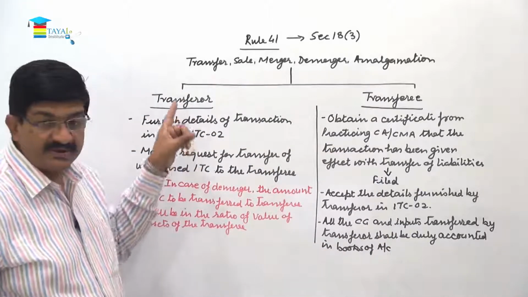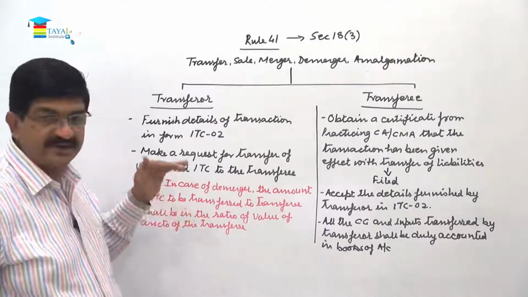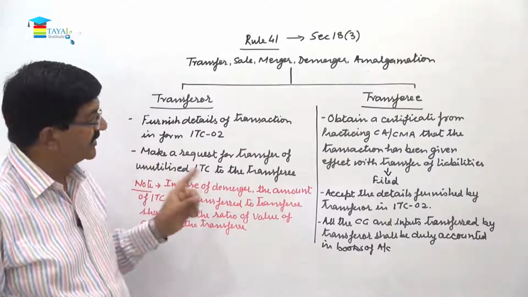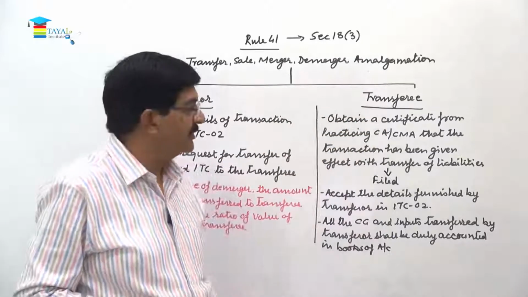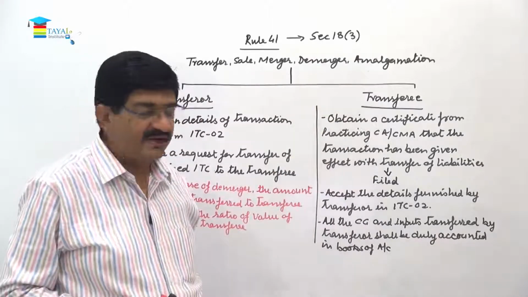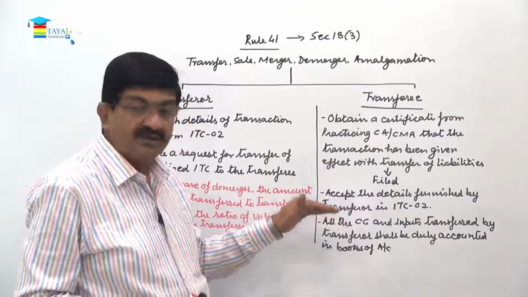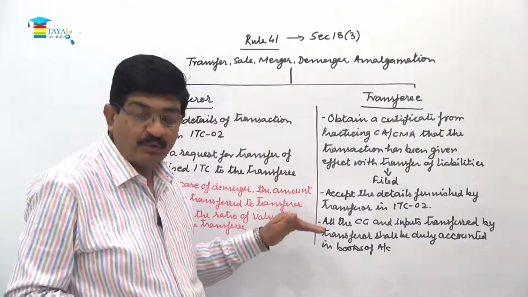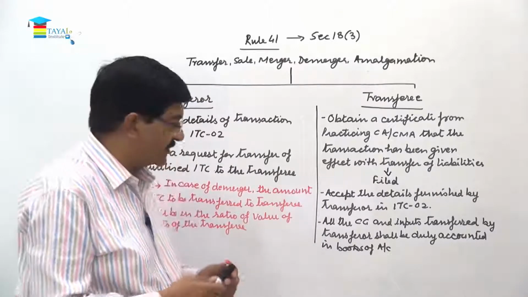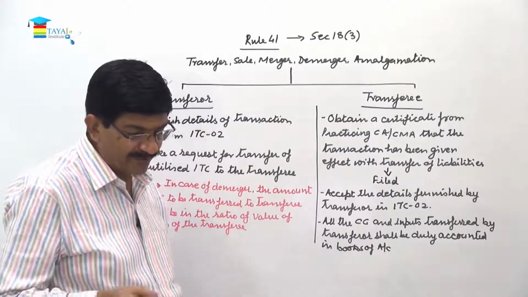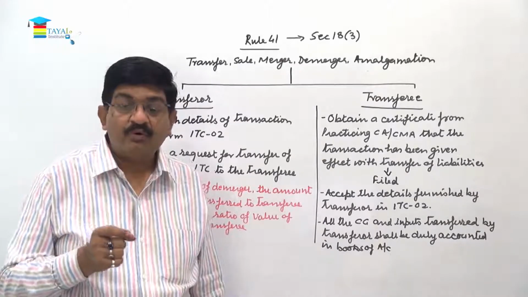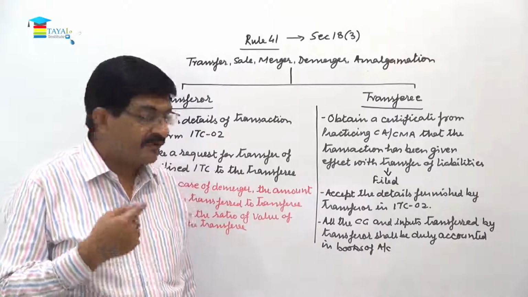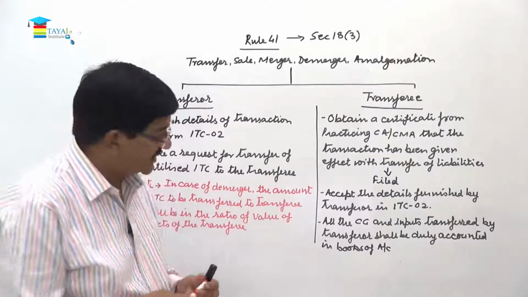So first is transferor furnishes the details, makes a request that this amount be transferred. Then the transferee should accept all. Transferee should first of all obtain a certificate, then accept all the things whatever is furnished by the transferor in ITC-02, and all the goods which are transferred are accounted. And when this happens, the amount of unutilized credit will be transferred to the credit ledger of the transferee.